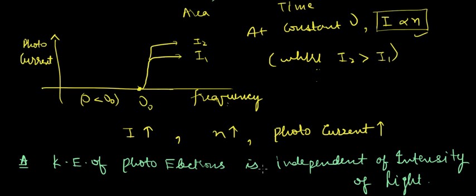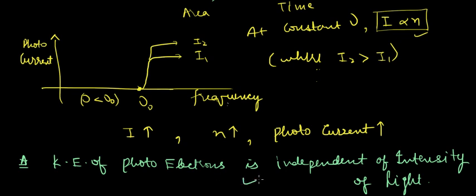It will not have any impact on the velocity of the photoelectrons that have been ejected. It has to do with the number of photoelectrons getting ejected from the metal surface, not with their velocity.